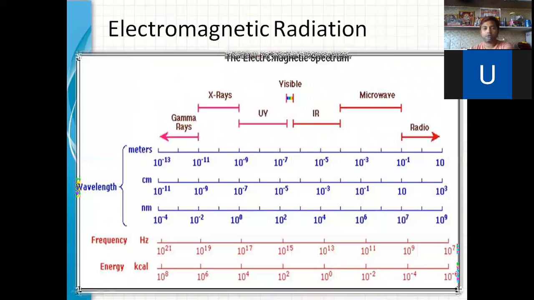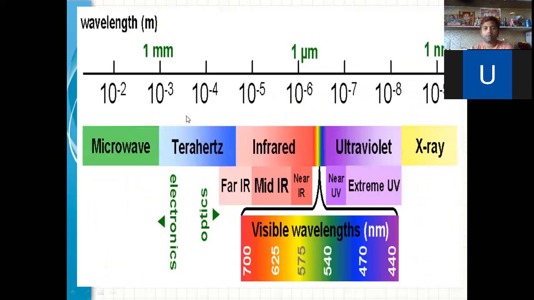This is the electromagnetic spectrum. We are only concerned with UV, visible and IR. The visible region is from 400 to 700 nanometers, and this is the visible wavelength.